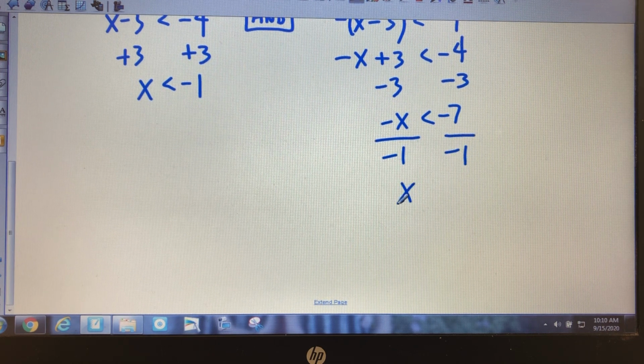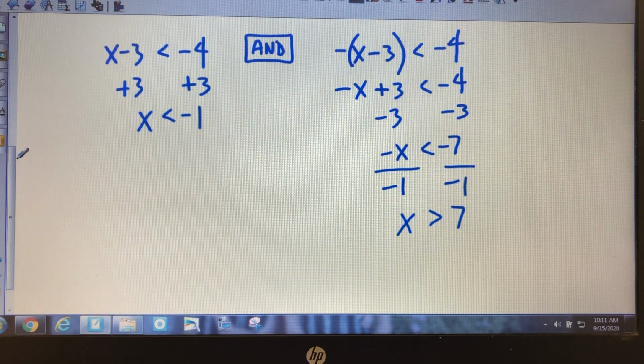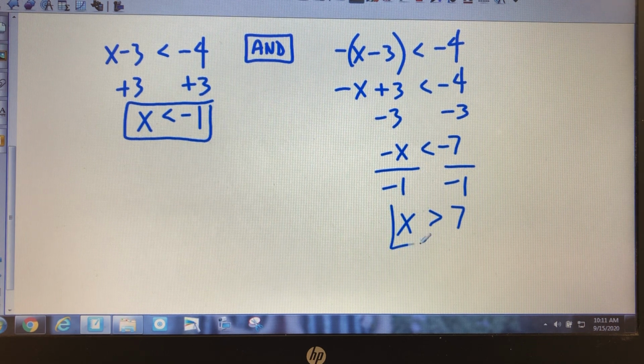So again, we're dividing by negative, so you got to reverse that inequality. So let me slide this back up. All right, so let's think about this. Because of the and statement, we need a number that is less than -1 and at the same time greater than 7. Can you think of a number less than -1 and greater than 7?